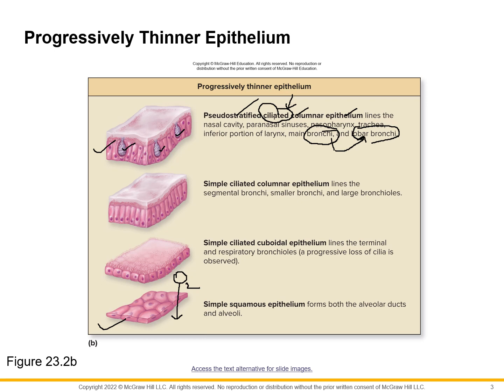Now, past that, they become even smaller branches. They become segmentals, or tertiary bronchi. So here, it becomes a simple ciliated columnar epithelium as opposed to pseudostratified columnar epithelium.